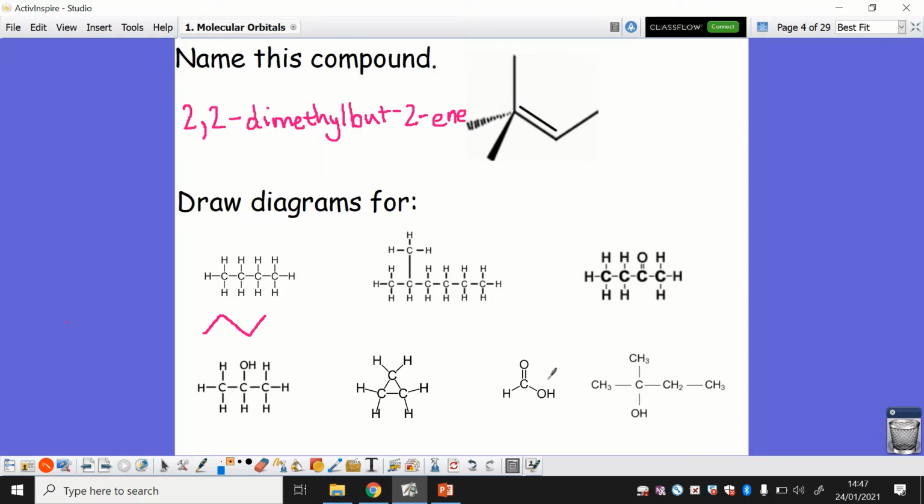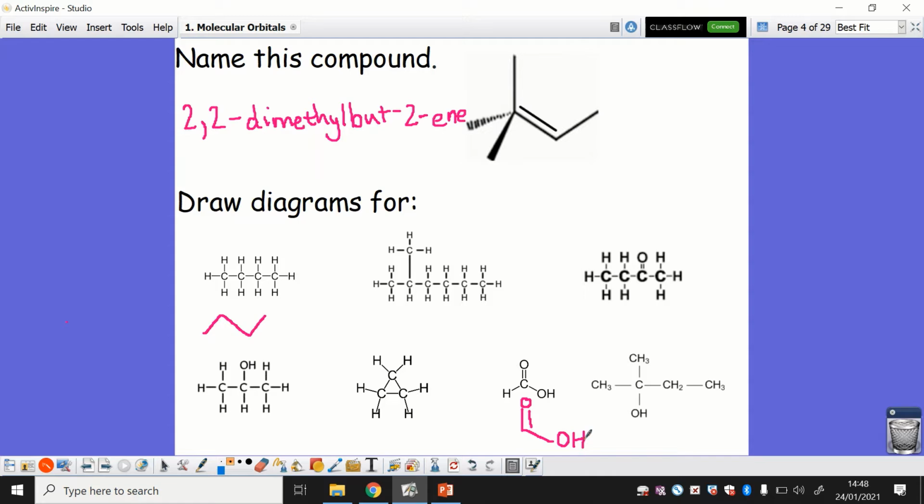What one am I going to show you now? I think I will show you this one here, this methanoic acid. I've got my carbon with a double bond up to oxygen. I have to draw in the symbol for the atoms that are not carbon and hydrogen. And then I have a bond coming down here to my hydroxide group.